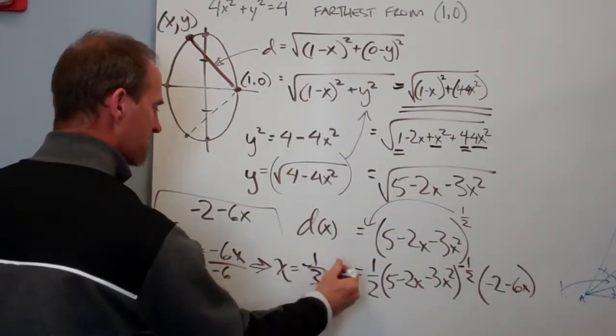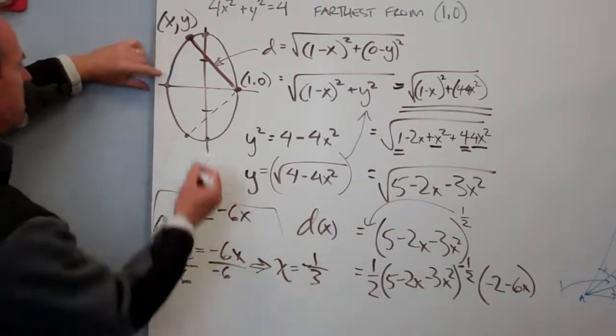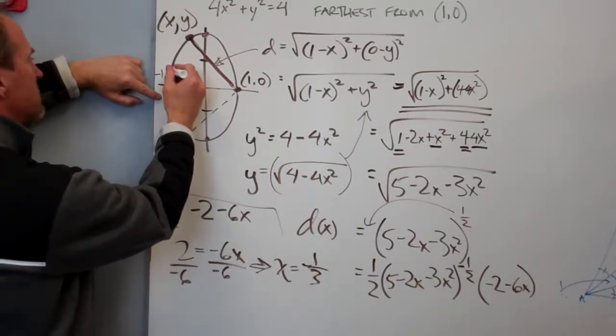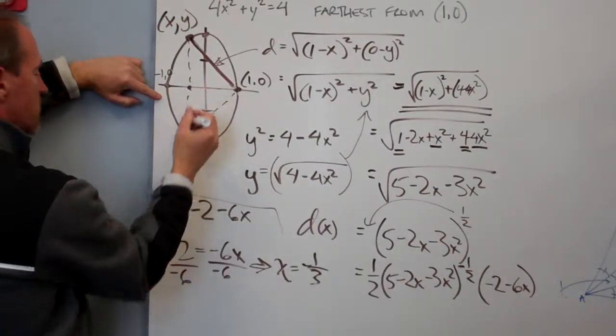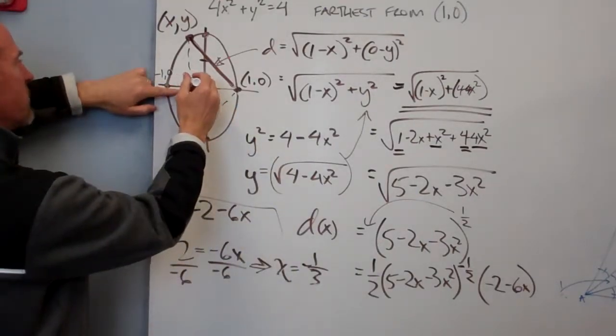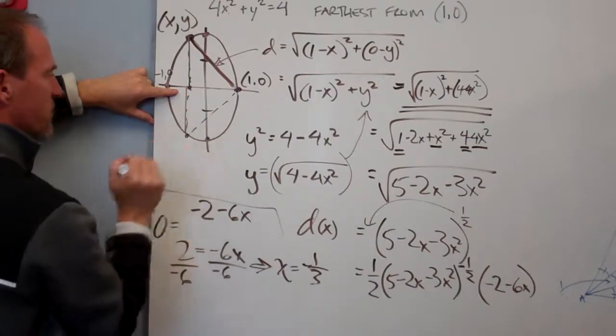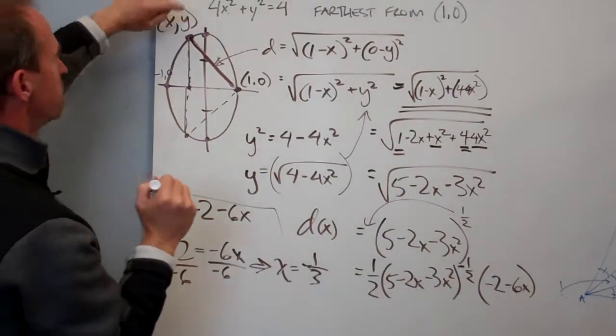All right? So in a way that makes sense. This is minus 1 comma 0, so this is a pretty good guess. That's minus 1/3. Now I need to know the y value going up and the y value going down, or does it just say, find the points?